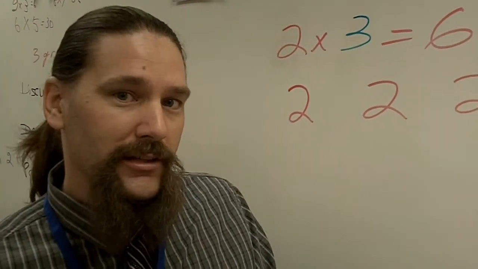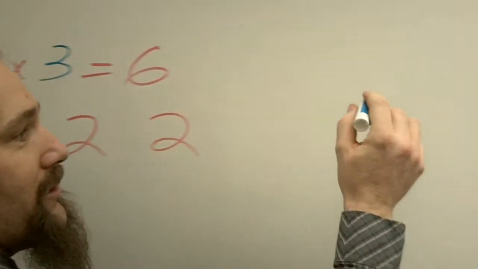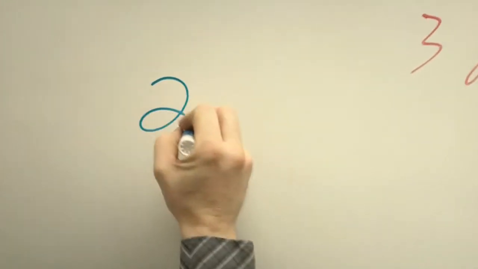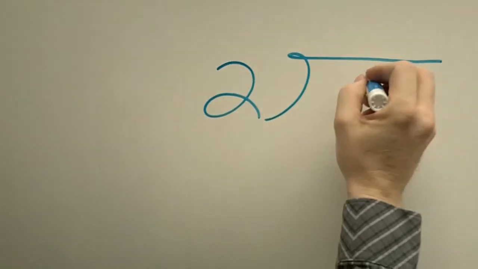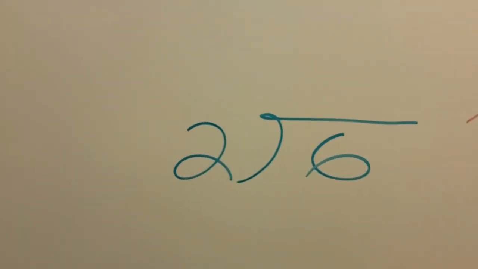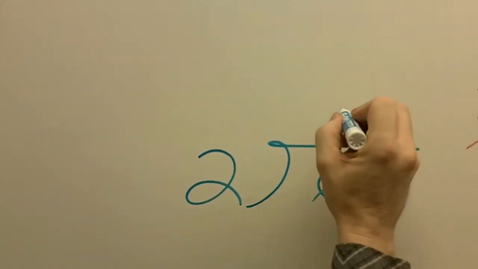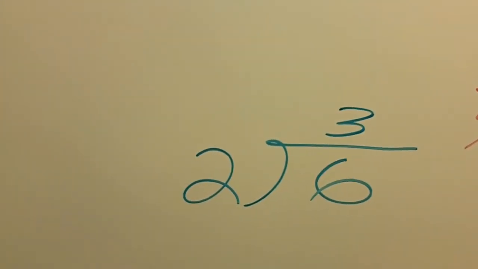The way you've been taught division in the past, this is what it would look like: 2 divided into 6, or how many groups of 2 are there in 6? And we would say 3.